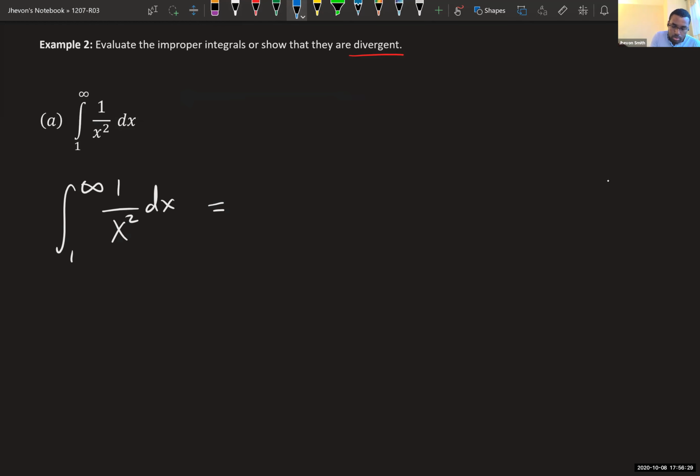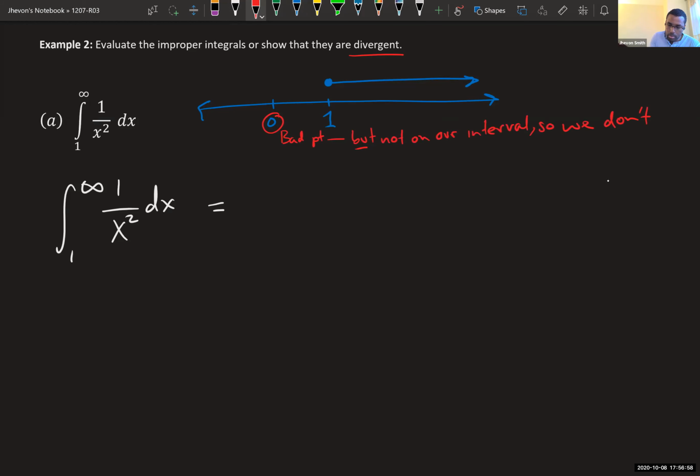On the number line, 0 is a bad point, but I'm only on 1 to infinity, so 0 is not on our interval and we don't care. The only bad point for this integral is infinity. So what we would do is set up a limit.